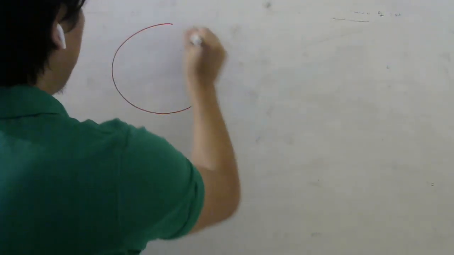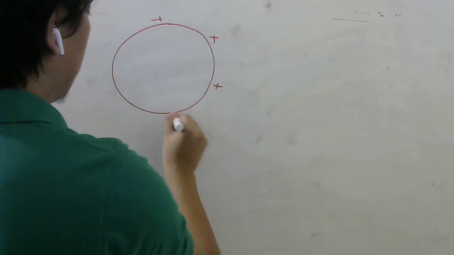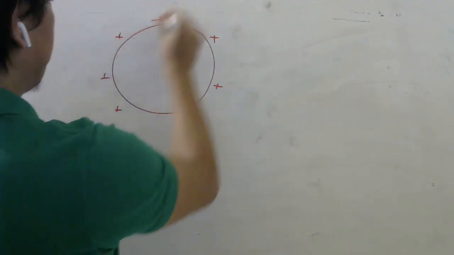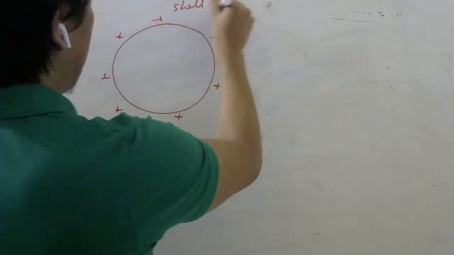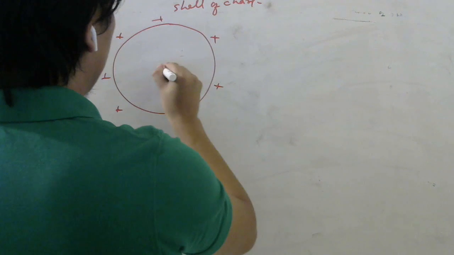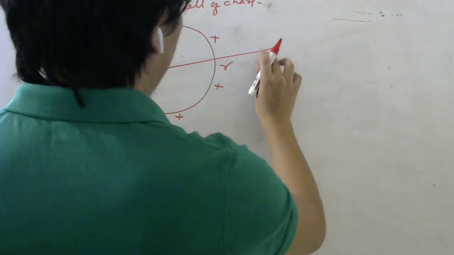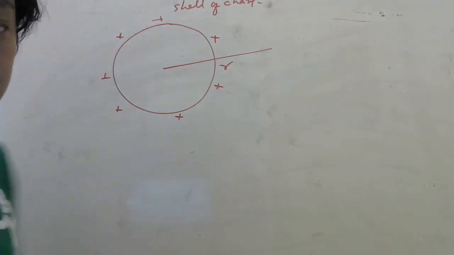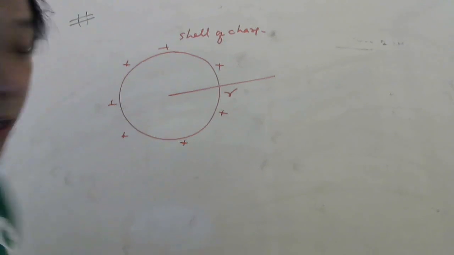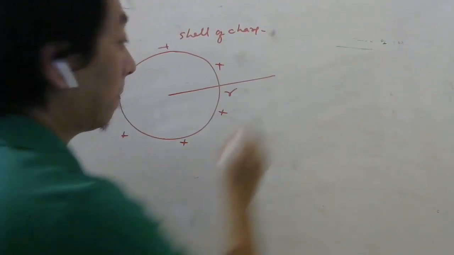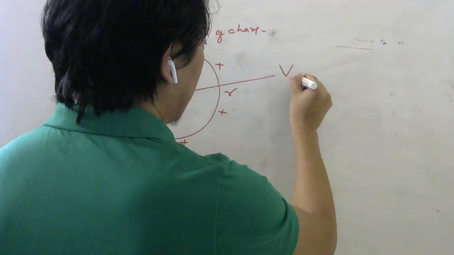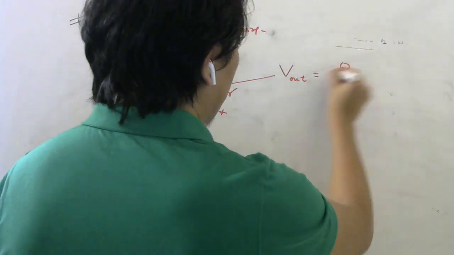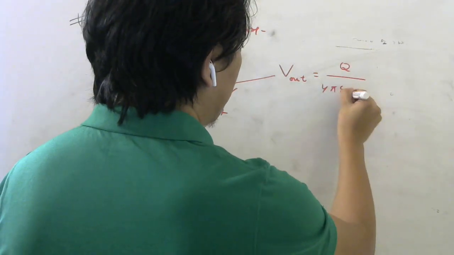Look carefully. If I give you a shell of charge, then at a distance small r from the center, potential outside will be q by 4 pi epsilon naught small r.